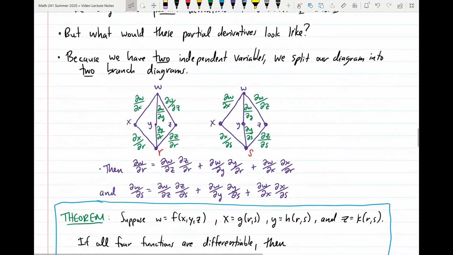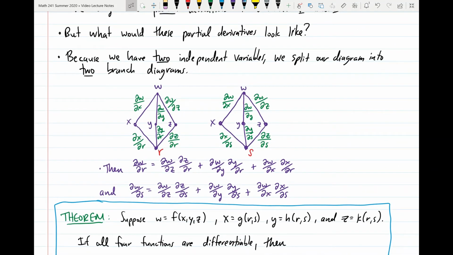do in this case. So because we have two different independent variables, we're going to split our diagram into two branch diagrams. So we have the branch diagram over here, which is going to be associated to the independent variable r, and we have the branch diagram over here, which will be associated to the independent variable s.